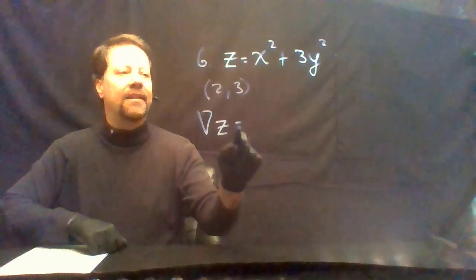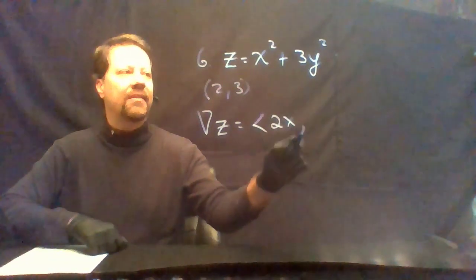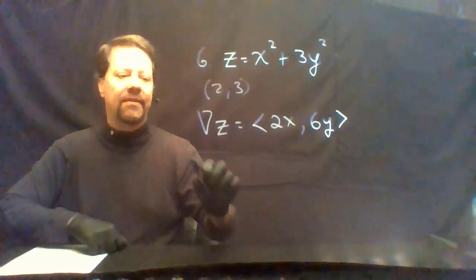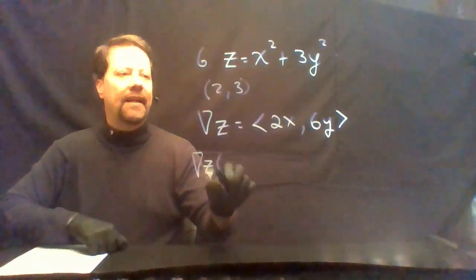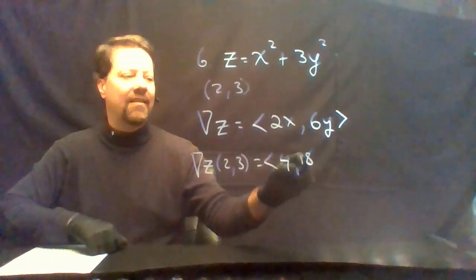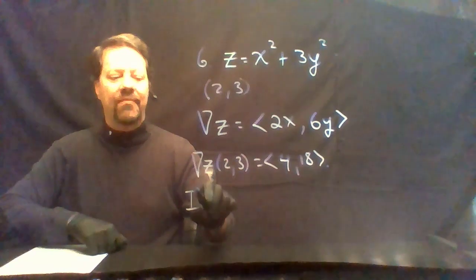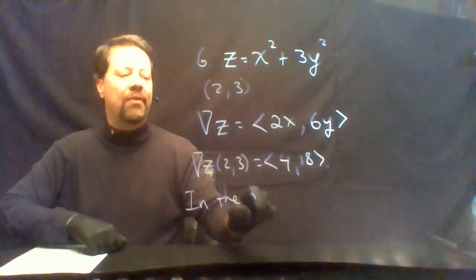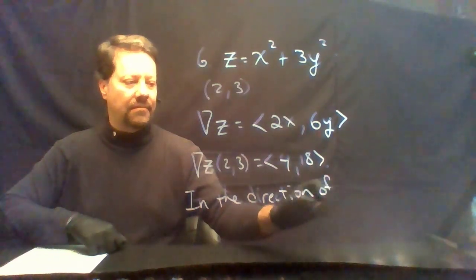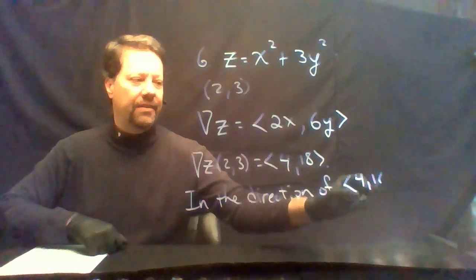So the gradient is going to be (2x, 6y), and we're going to evaluate that gradient at the point (2, 3). So I'll say in the direction of the vector (4, 18).